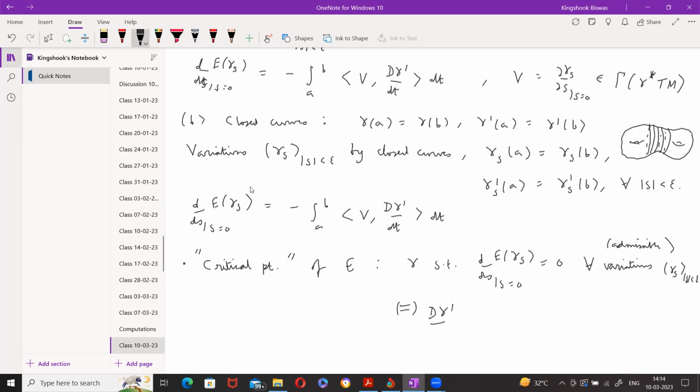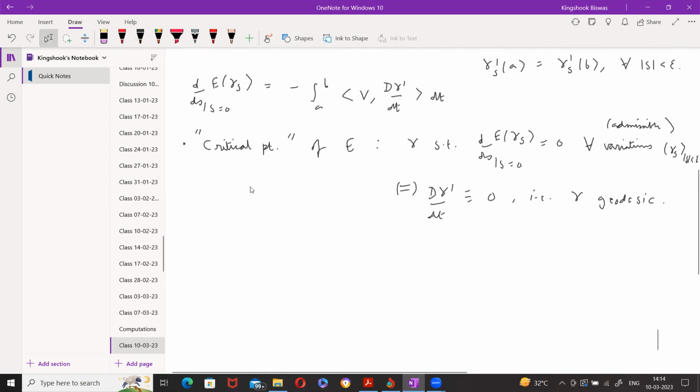So D gamma prime dt is identically 0, which means gamma is a geodesic. So critical points of the energy functional correspond to geodesics.